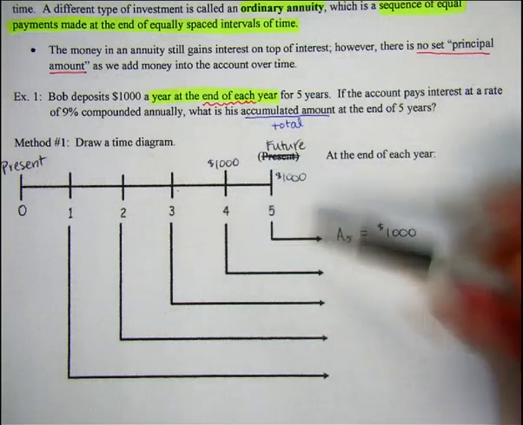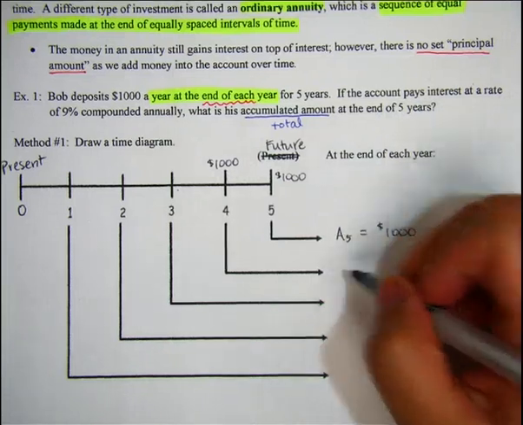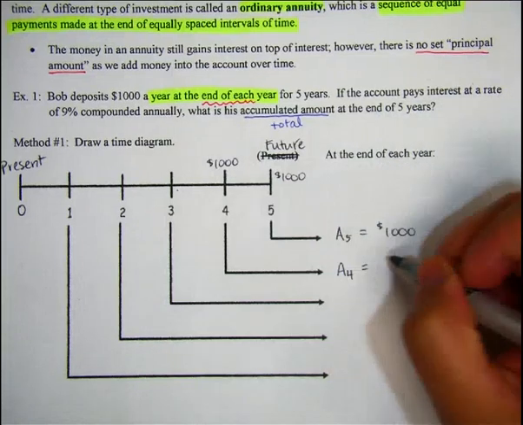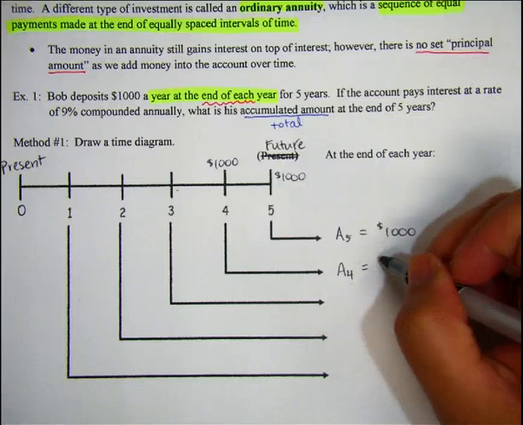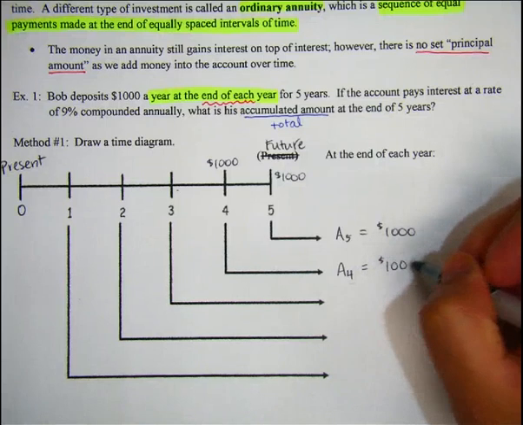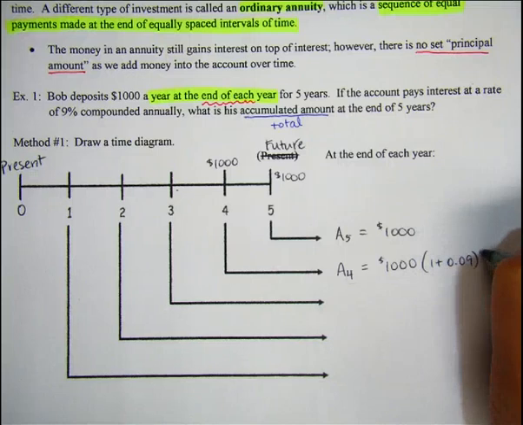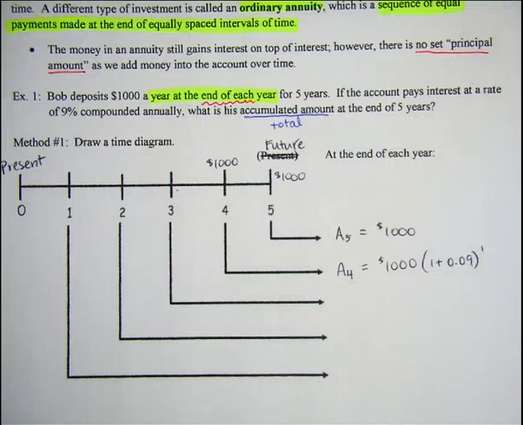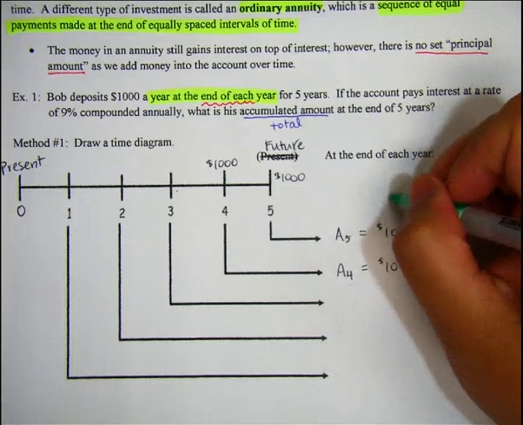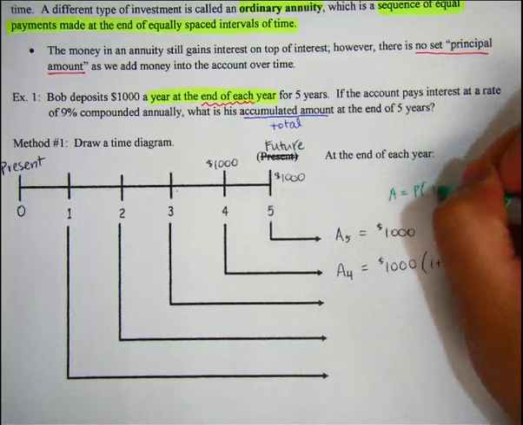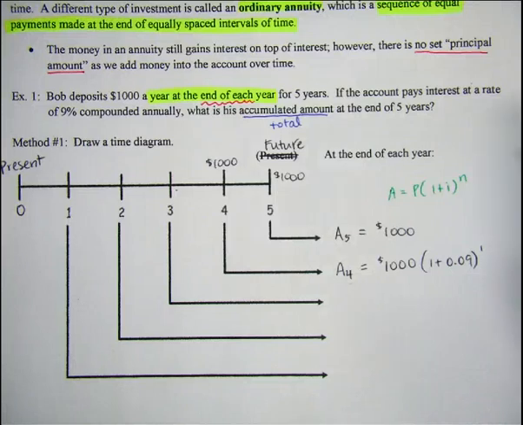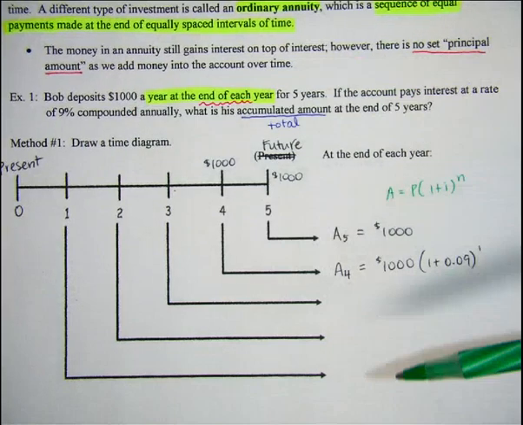So that means that you've had 1 year for that $1,000 to gain interest. So A4 at the end of the 4th year is going to be $1,000 times 1 plus 0.09 to the power of 1. We're using the compound interest formula, 1 plus i to the exponent n, since we have our interest being compounded annually.